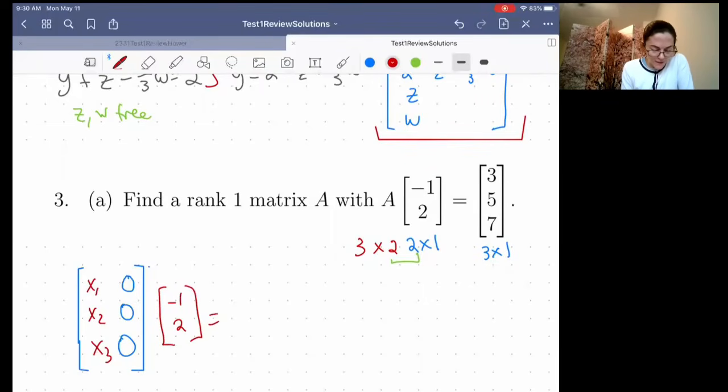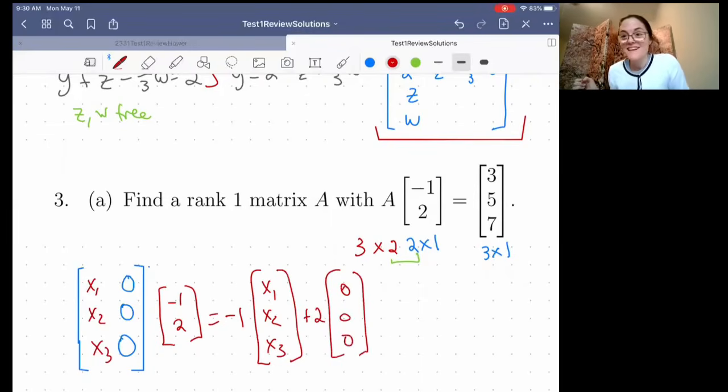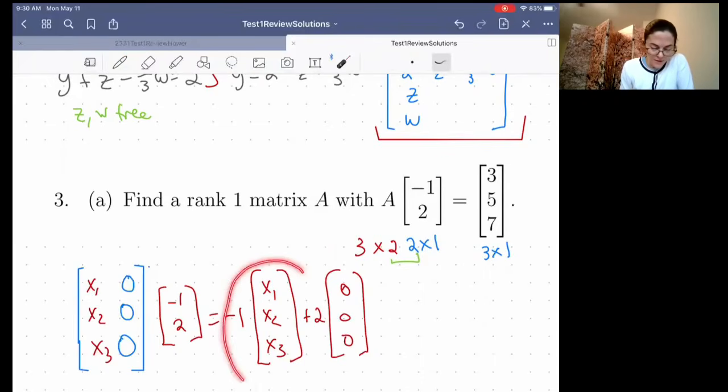Linear combination of columns, it's minus 1 times x1, x2, x3, plus 2 times 0, 0, 0. Right? This is the way we think about matrix times a vector as a linear combination of columns. And we can see already, it's kind of easy to see what the values need to be. If we want this to equal this, I can just take x1, x2, x3 to be negative 3, negative 5, negative 7, like this. And that's what I'm going to do.